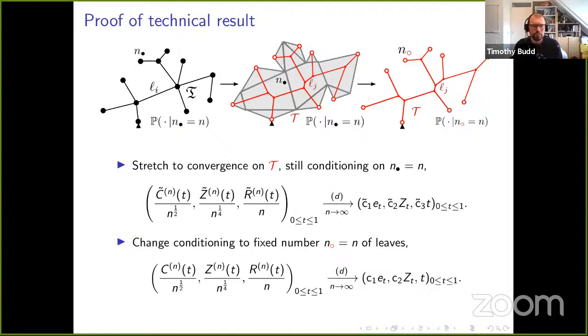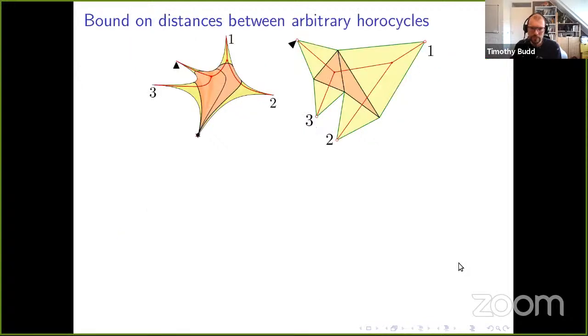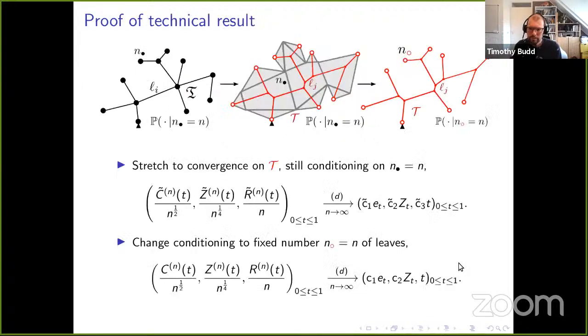Okay, so to actually prove our final convergence of the contour and label process to the Brownian snake, we have to do some reconditioning, reintroduce the red vertices into the tree. But I'm not going to comment on this.